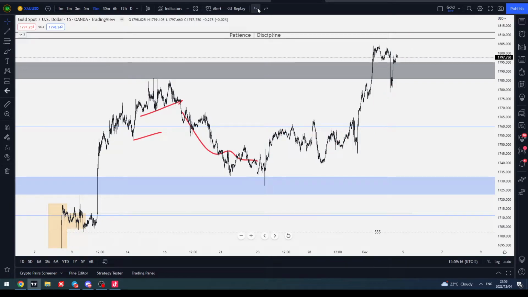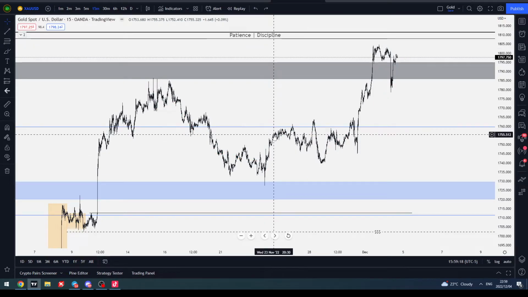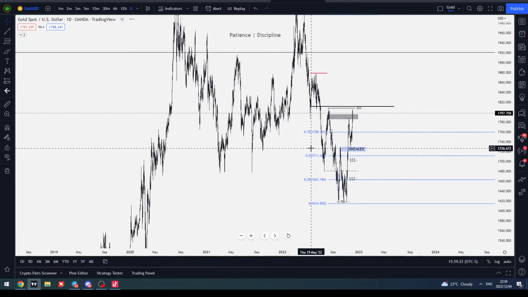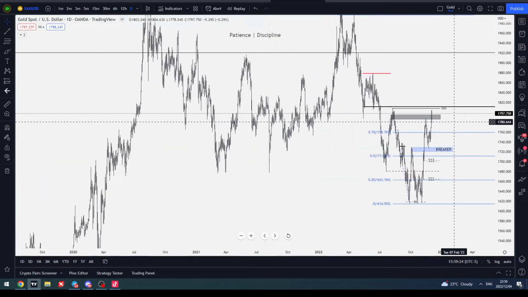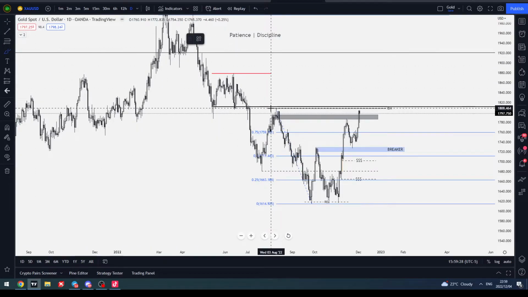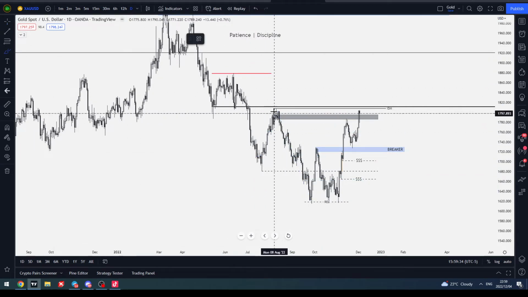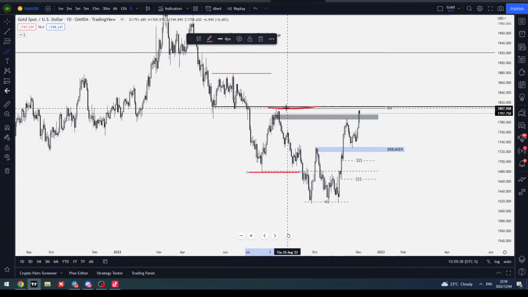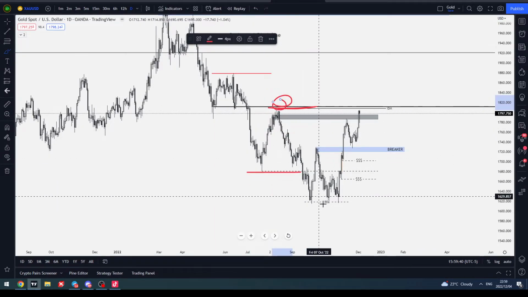So the expectation is still up on gold until we get to the objective or terminus, which is the draw on liquidity that's going to be here, right? Which is also an inducement level in terms of this was the last high before the break of the low. There is liquidity resting above here.